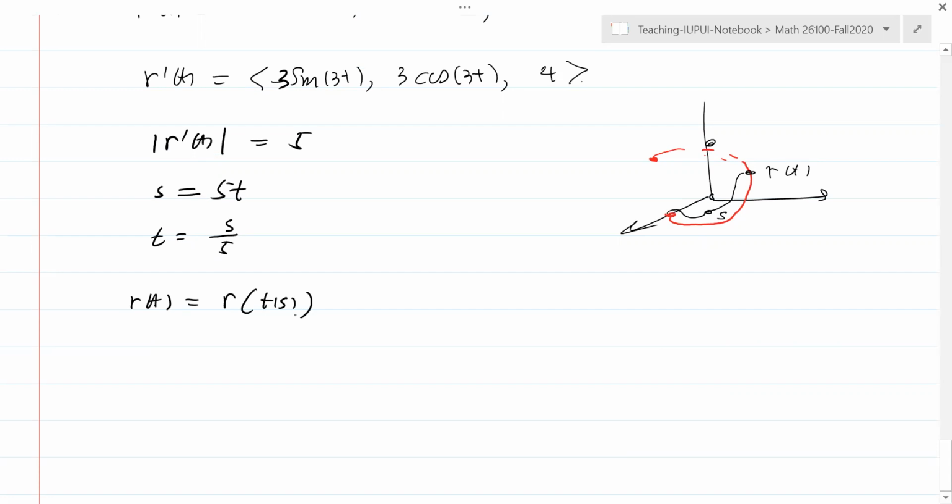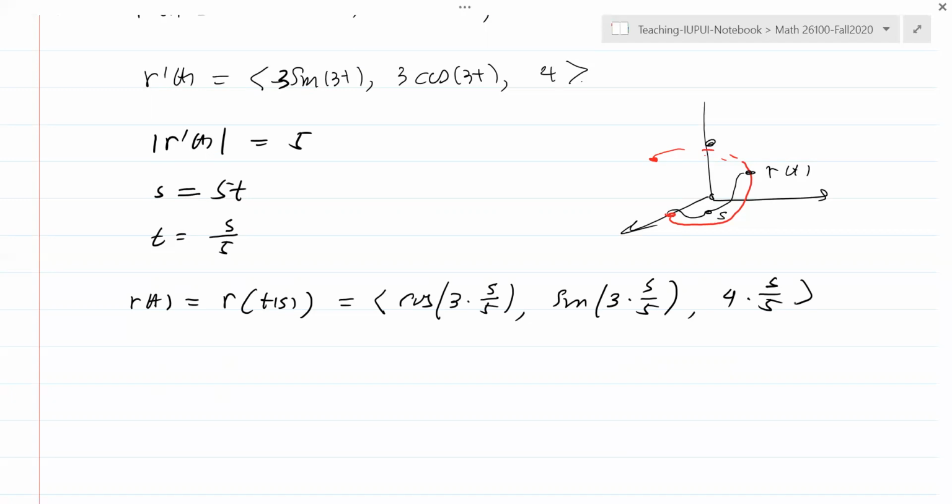So that is cosine 3t, so 3 times s over 5, and the sine 3s over 5, and 4s over 5. So that is a new parametrization for the same curve.